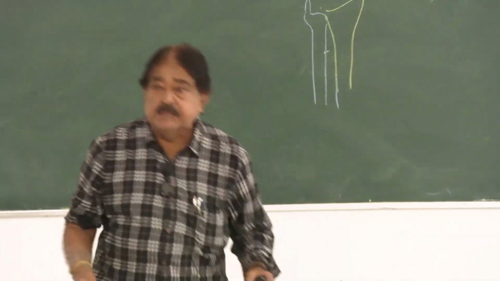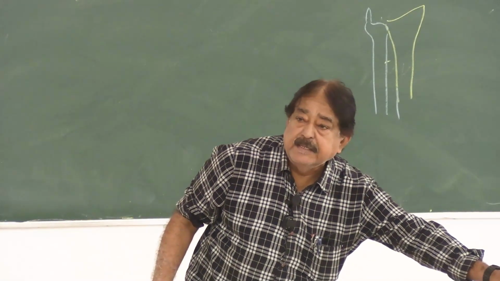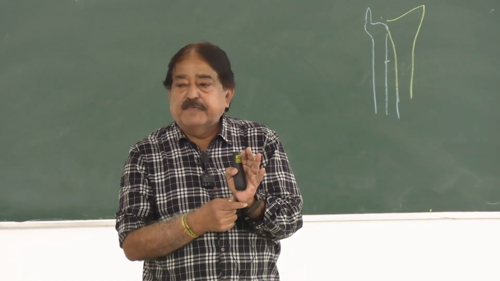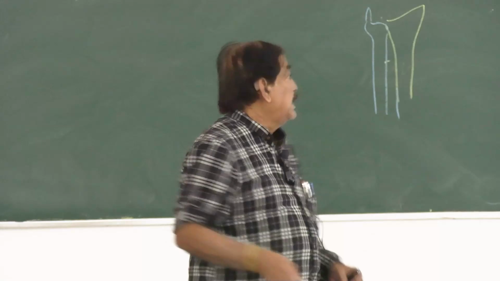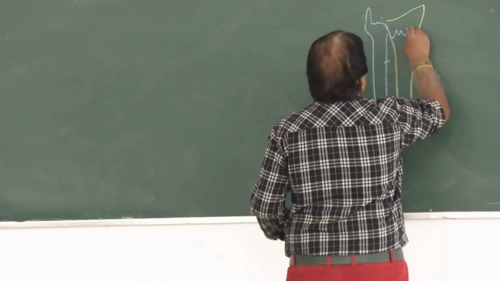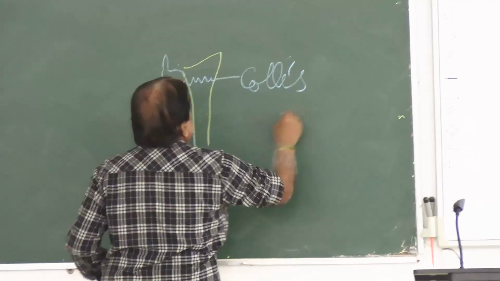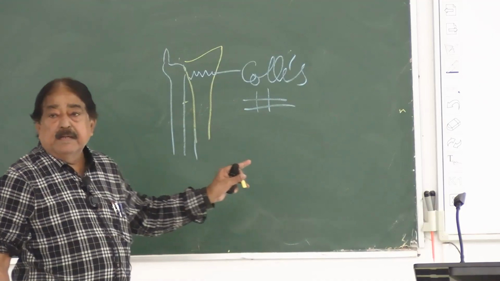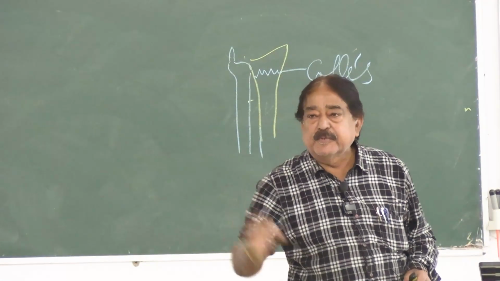Actually, what happens? She's getting unbalanced. She stretches her hand out, but there's a fracture in the radial end. That is known as Colles fracture. I'm just giving you the short form of fracture. In your prescription you write, okay?